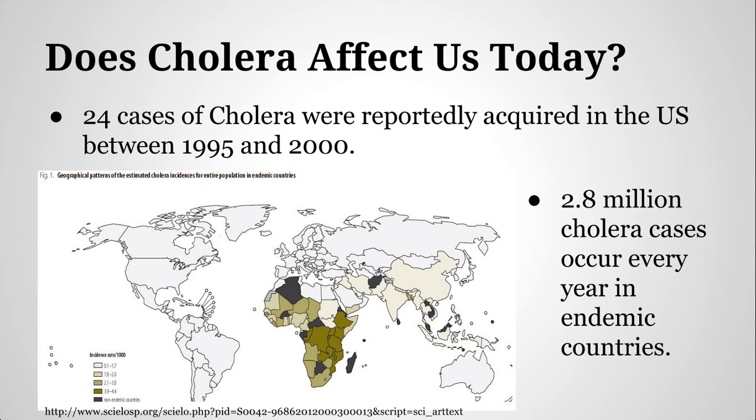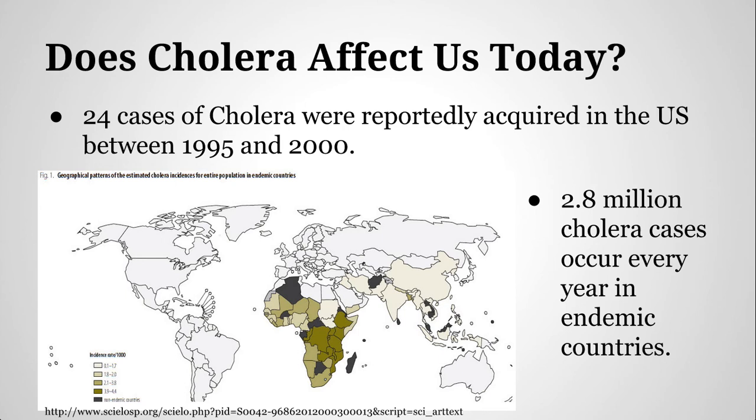At this point, it's safe to say that we're not really affected by cholera in the U.S. because of our good water and sanitation systems, but citizens traveling to other countries, especially developing countries, need to be aware of the risk because 2.8 million cholera cases occur every year in endemic countries.